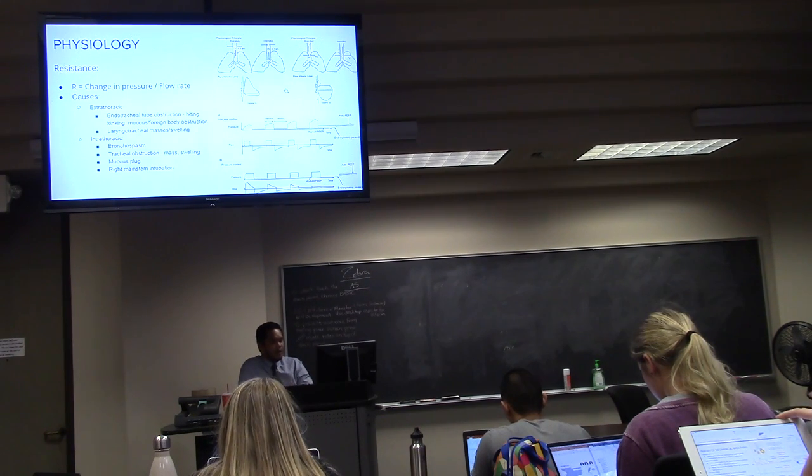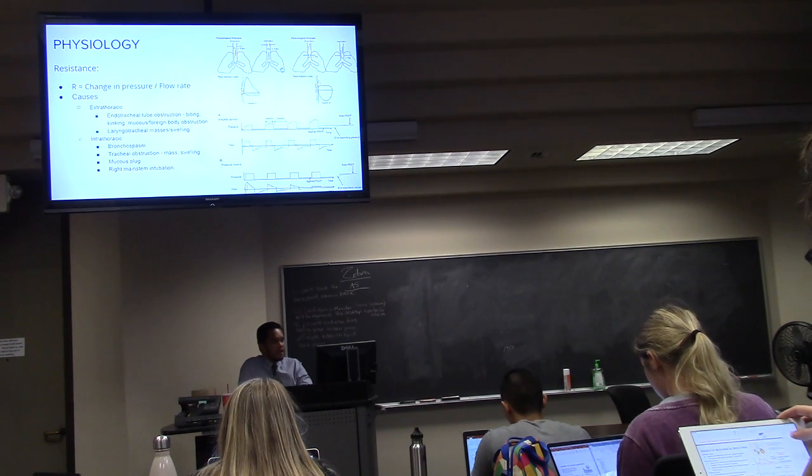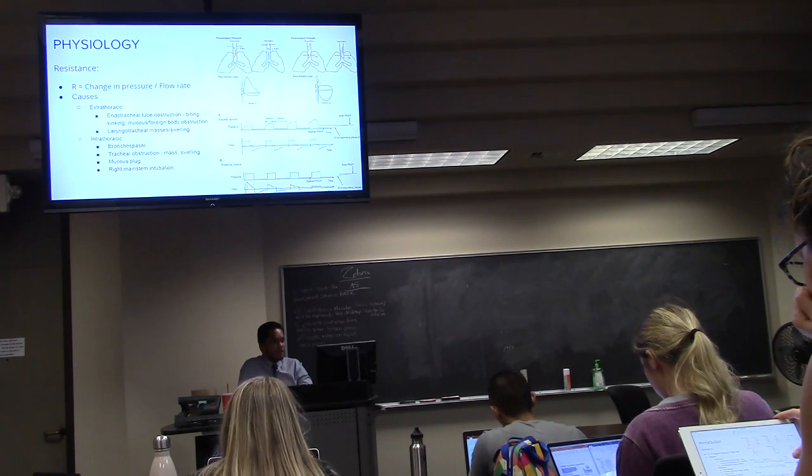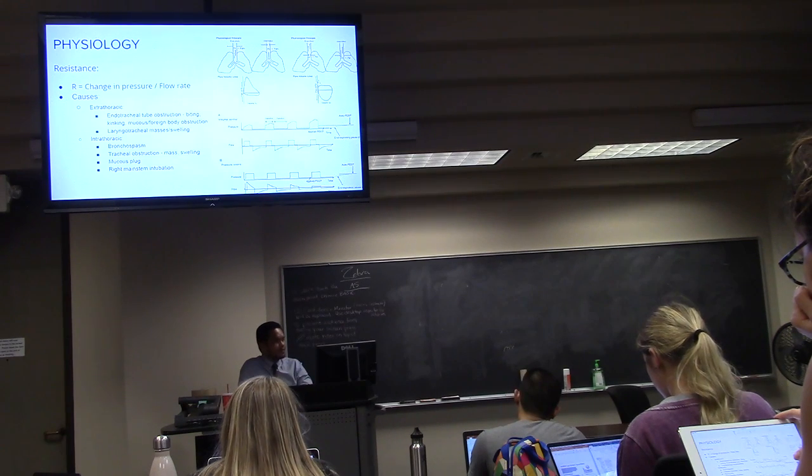So resistance is basically anything that can cause any obstruction in the airway. It can be intrathoracic, say in patients with asthma or COPD, or extrathoracic in patients with, say, laryngeal edema, tracheal hematoma, or any kind of tracheal mass.